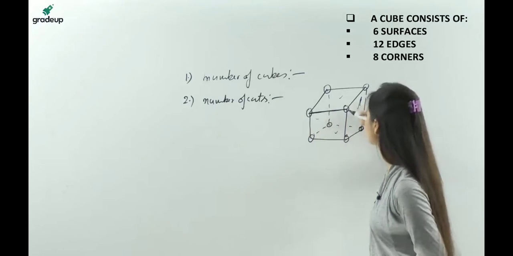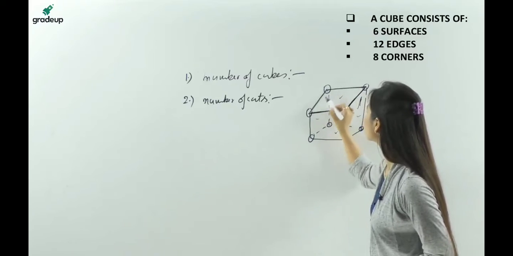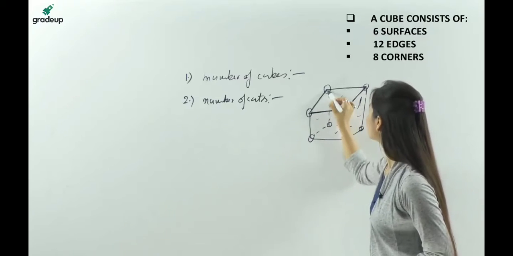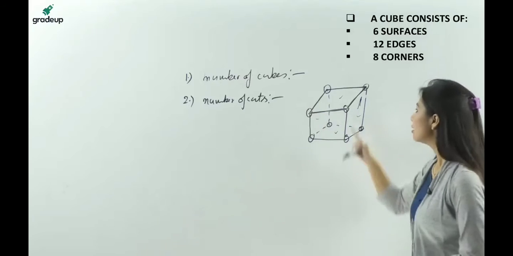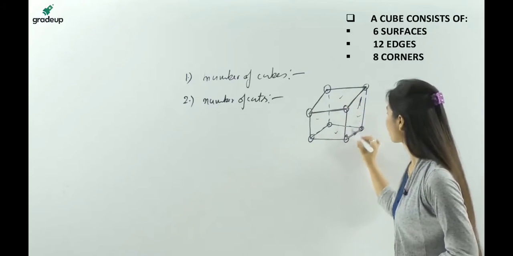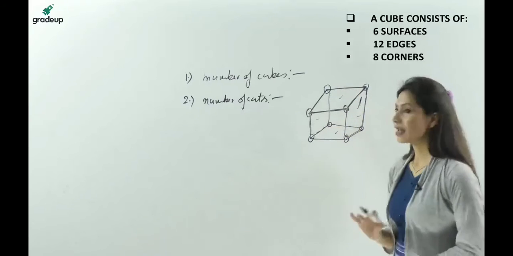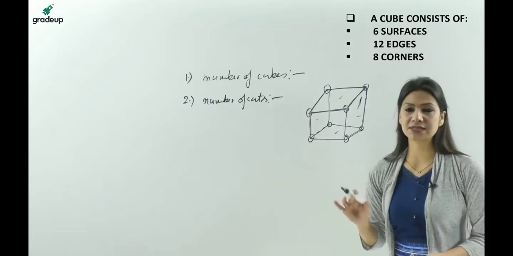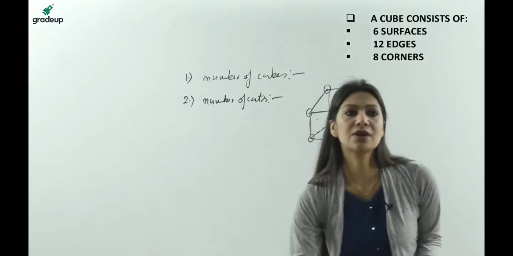This is one edge, this is another edge, this is the third edge, and this is the fourth edge. These are edges, okay? So 4 from the top, 4 from the bottom, and 4 for the pillars. Now you can understand the difference between the surface, the edges and the corners. I know you can understand it, right?